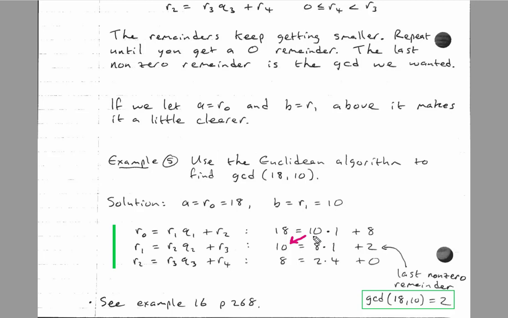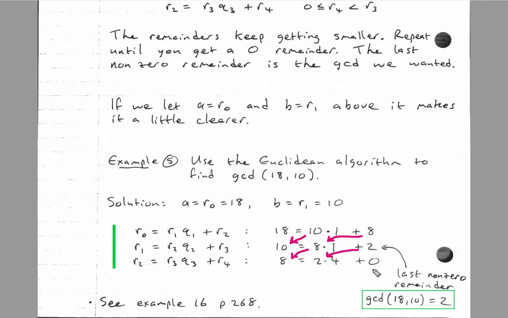Now divide 10 by that remainder. So 8 goes into 10 once, remainder 2. Now divide 8 by 2. It goes in 4 times with no remainder. Okay, so these remainders have to get smaller.